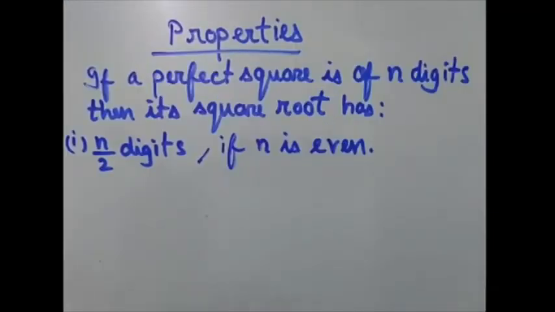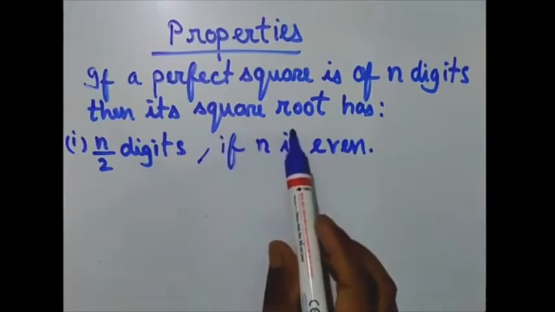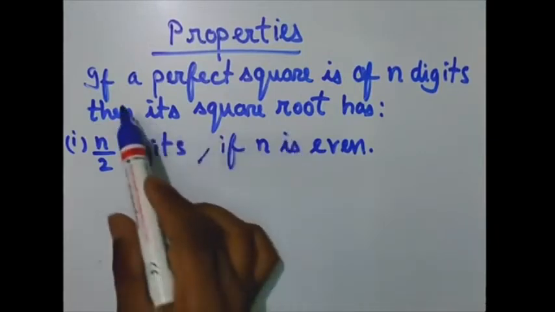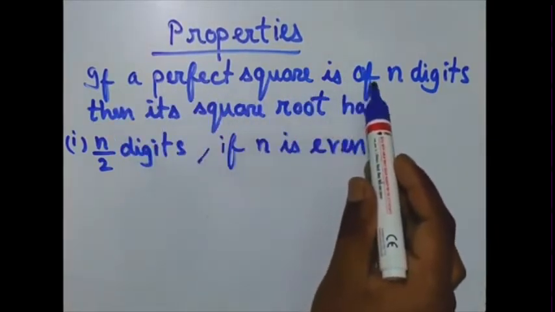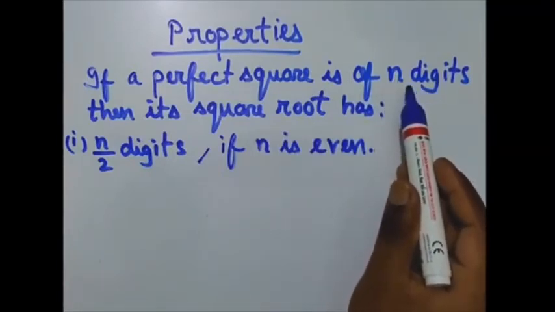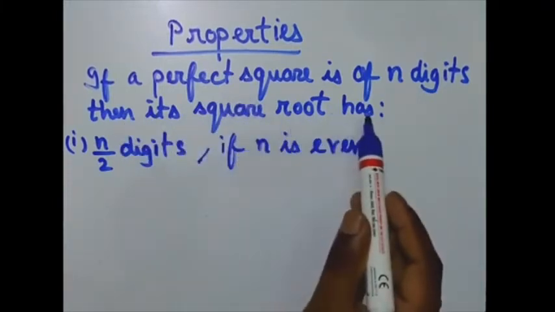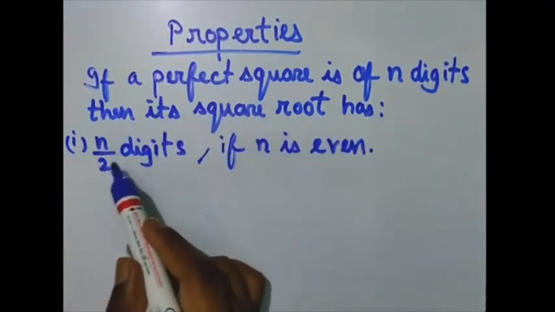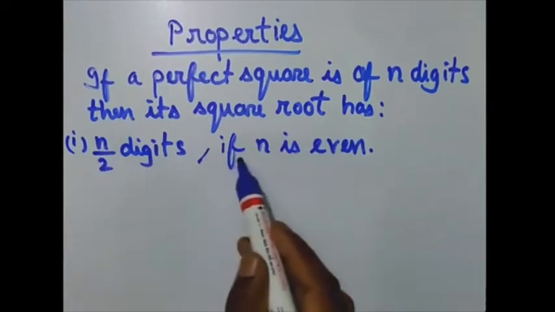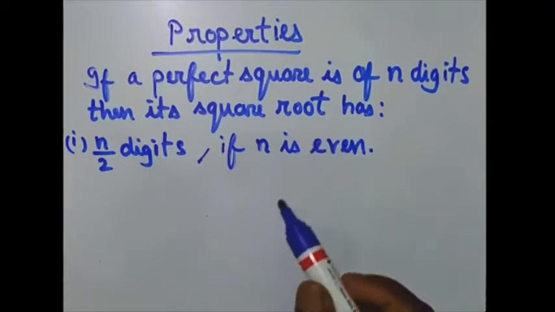Now there is one more property which will help us identify the number of digits of the resulting square root of any perfect square number. So here, if a perfect square is of n digits, then its square root has n by 2 digits if n is even. So let's take an example.